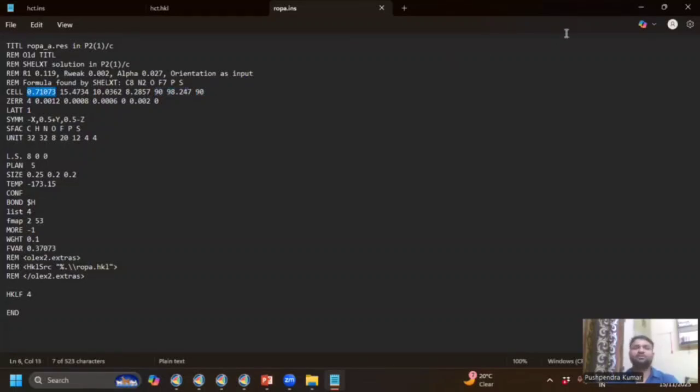There is not much information about the structure of the compound in this file, but you can also see the types of atoms that make up the structure and the number of atoms. Now we can open the HKL file.